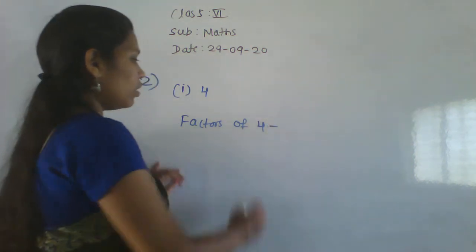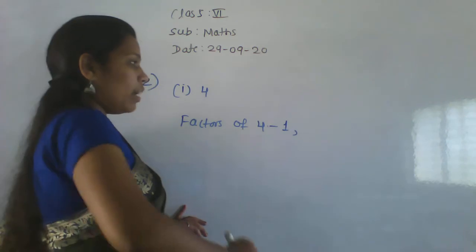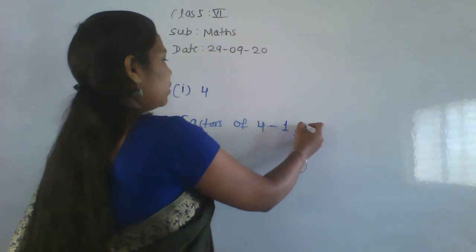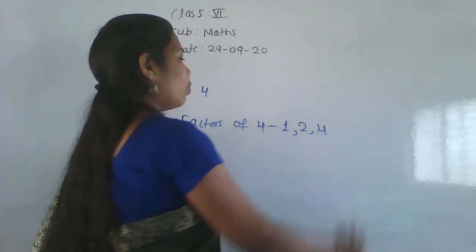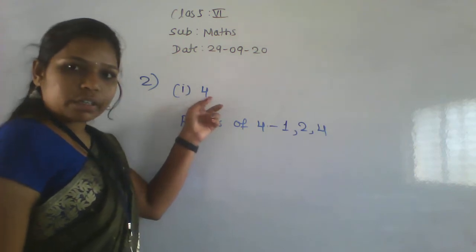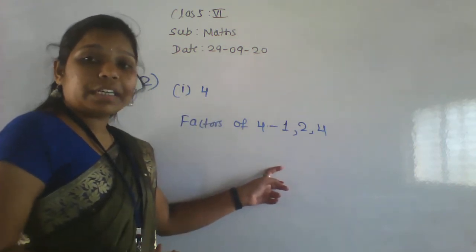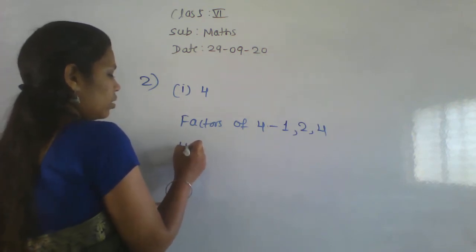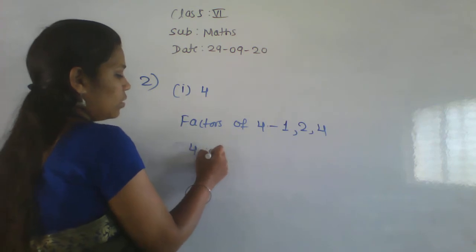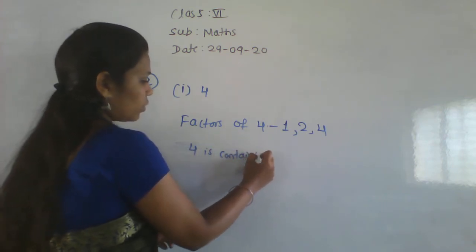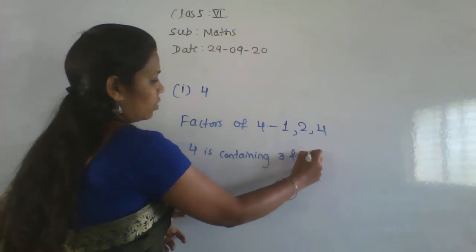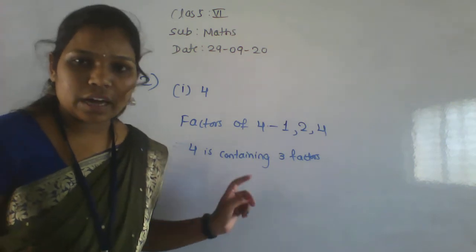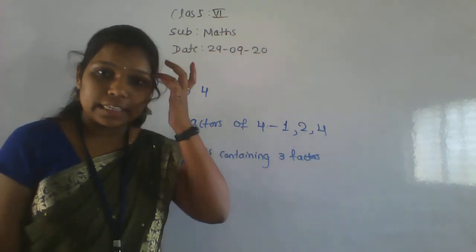What are the factors of 4? Start with 1, since 1 is a factor of every number. Next 2, then 4. Only 3 are the factors of 4. Therefore 4 is containing 3 factors. Like that we have to write here.